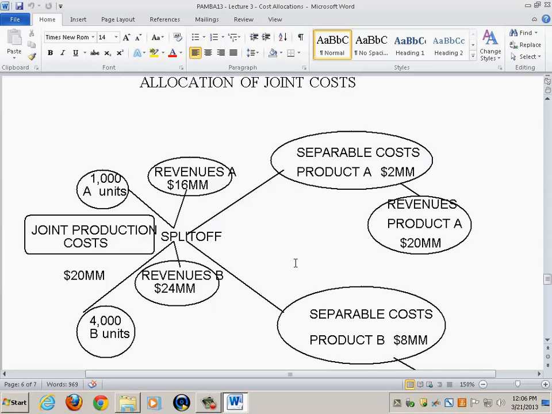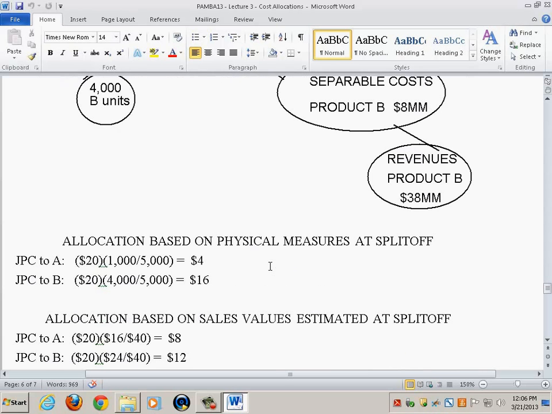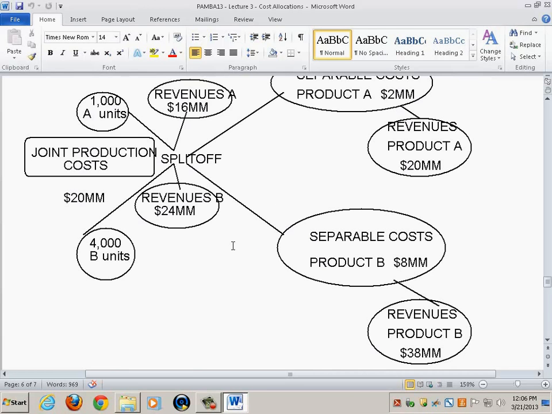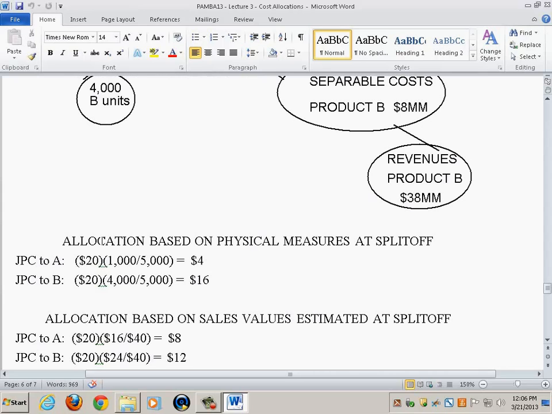Okay, then we have three common methods that are used. One is allocation. The challenge is, of course, how do we allocate the $20 million joint production cost to A and B? So the first method is allocation based on physical measures at split off.